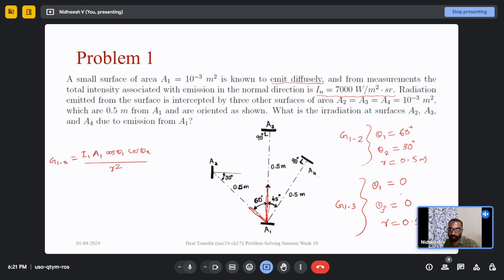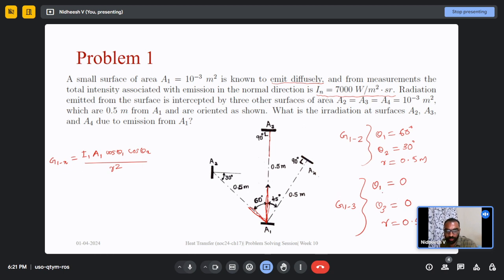Yes, sir. They are facing opposite to each other because the angle we are measuring is between the normal to the surface, this line, and the line connecting the two surfaces, which is the same line. So the angle between these two is 0, right? That is clear.